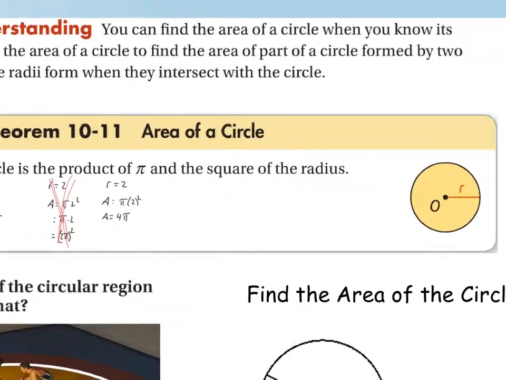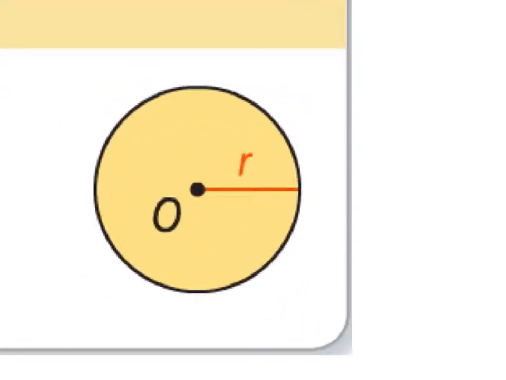The other thing that I want to make sure that you understand is that when we're working with area, the unit of measure is no longer inches. It's no longer feet. It's no longer a distance. The unit of measure now is that unit squared. So square inches or square feet or square miles.